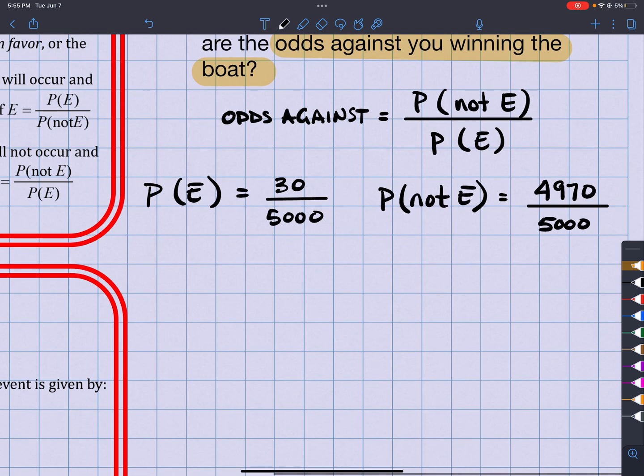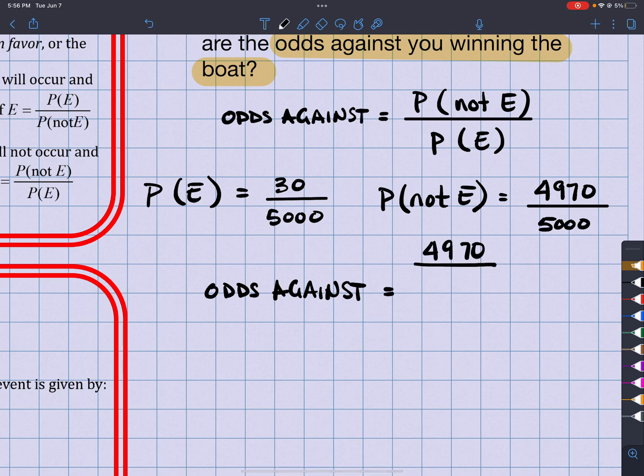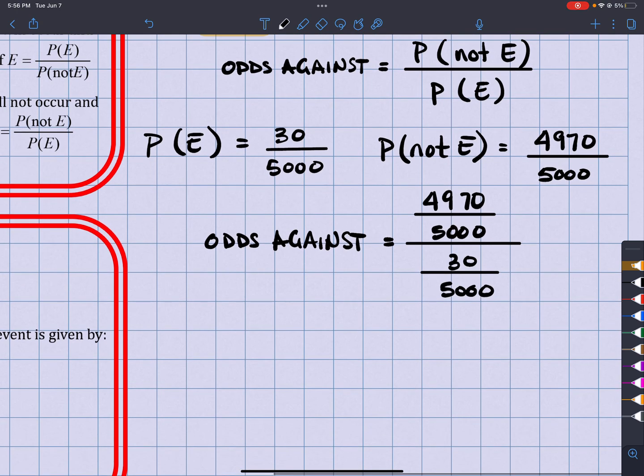So that means the odds against is going to be the 4970 over 5,000 over 30 over the 5,000. Okay? And if you copy, change, flip, it's going to be 4970 over 30.